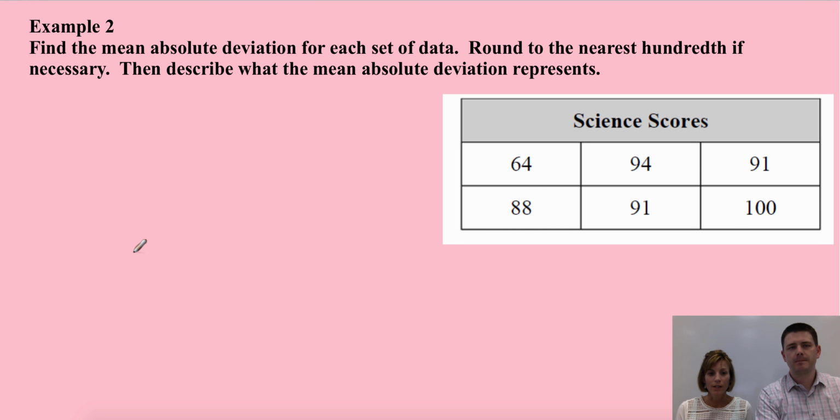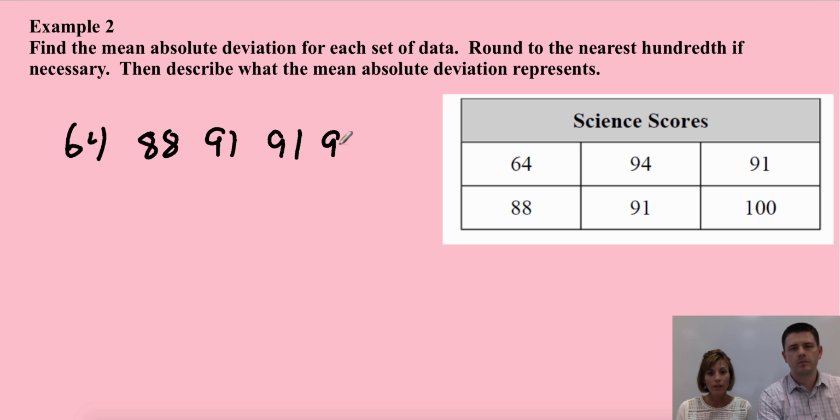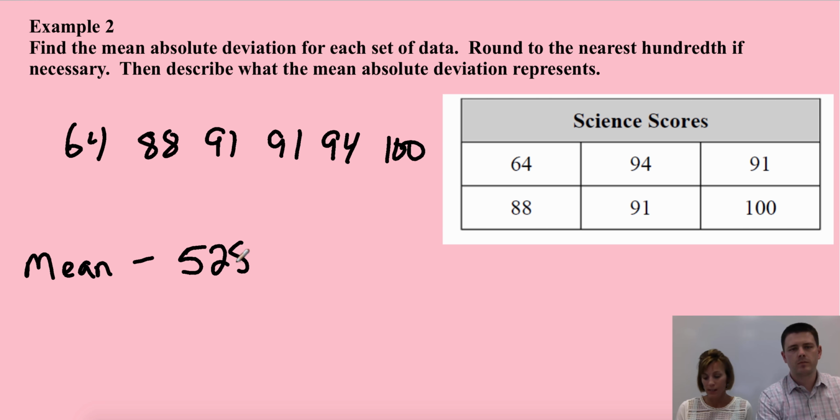Example 2. Step 1, put your data in order. So we have 64, 88, 91, 91, 94, and 100. This time we have 6 data points, so you're going to divide by 6, which is 528 divided by 6, giving us an average of 88. 88 becomes our mean to find the distance from each data point.